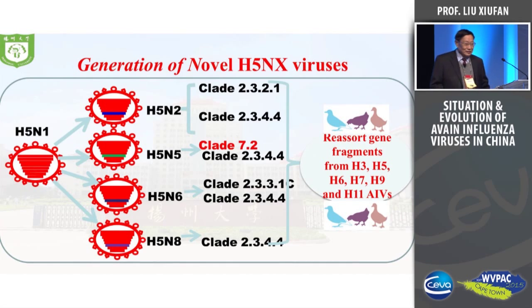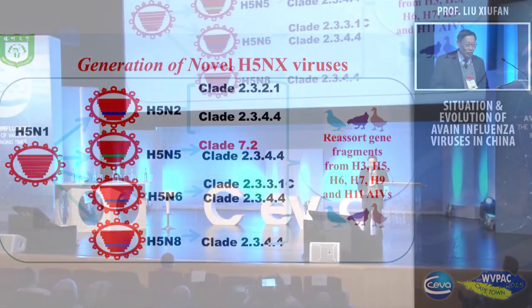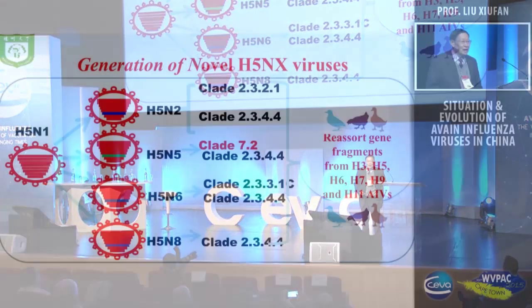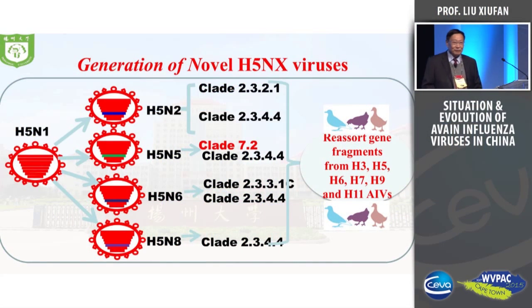And then the generation of novel H5NX. Now we have 4 different NA types of H5 viruses. All these viruses derive their HA gene from Asian H5N1 virus with different HA clades.